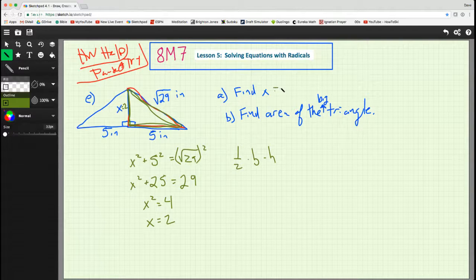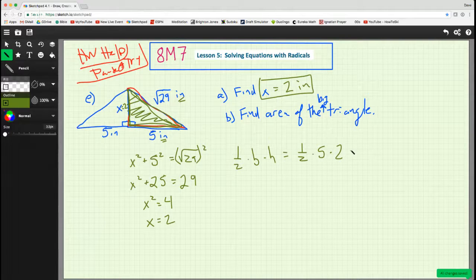The area of this triangle is equal to a half times base times height. Find x, we get 2 inches. Don't forget to leave your inches off because those are our units. So a half of base times height is a half times 5 times 2, which is a half times 10, which is equal to 5 inches squared.